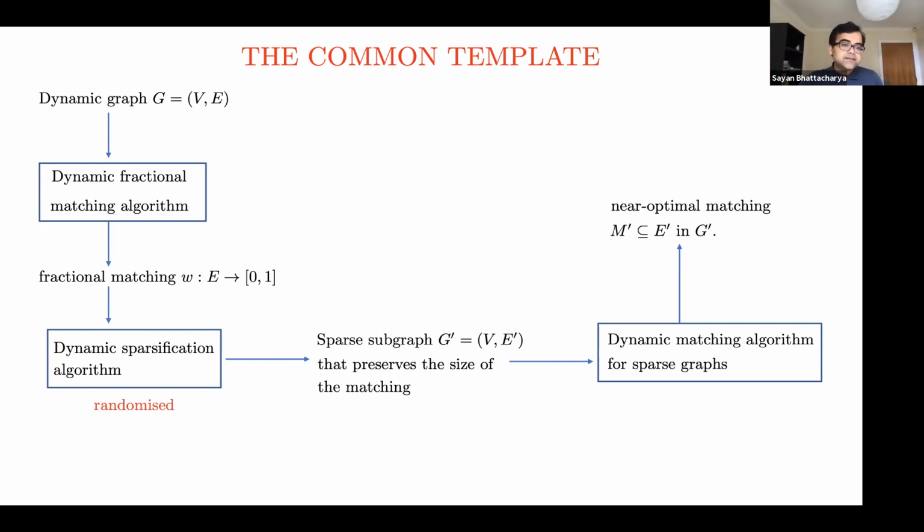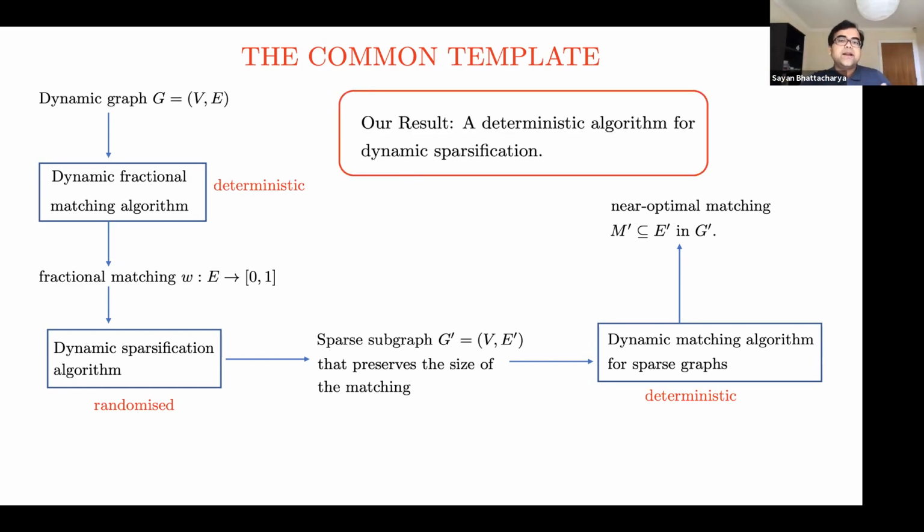And we just discussed that the dynamic sparsification algorithms that we know of are randomized. And we also discussed some time back that these two other ingredients, the fractional matching algorithms and the dynamic matching algorithms for sparse graphs, they are all deterministic. Now, our contribution is to de-randomize the dynamic sparsification step.